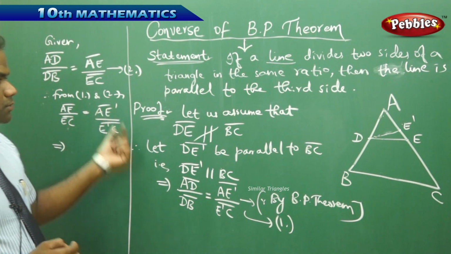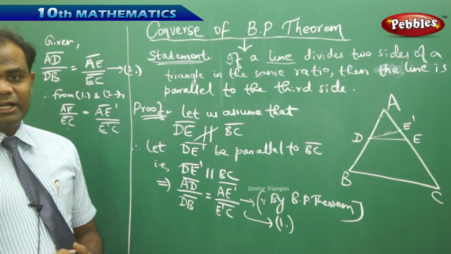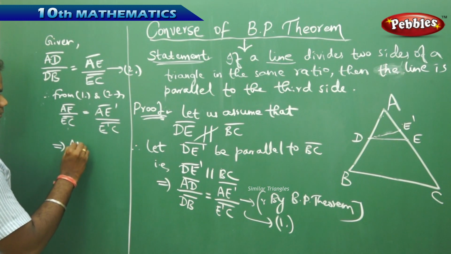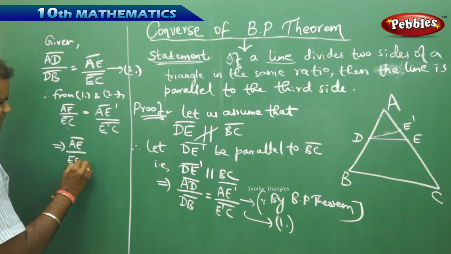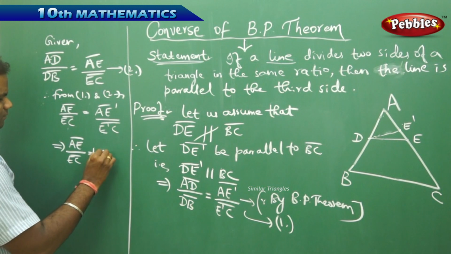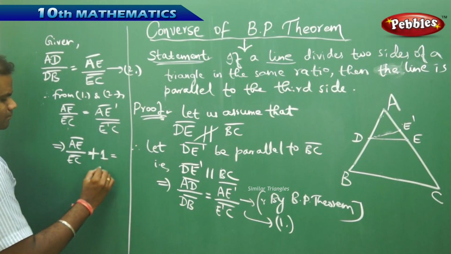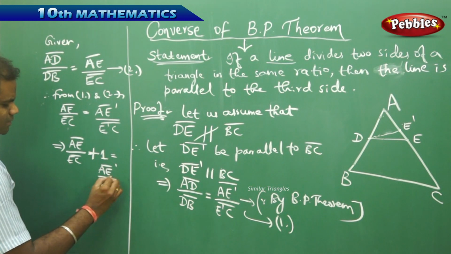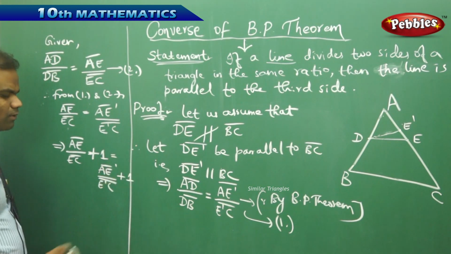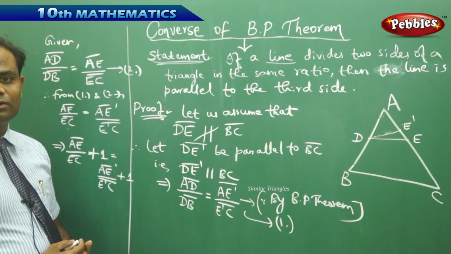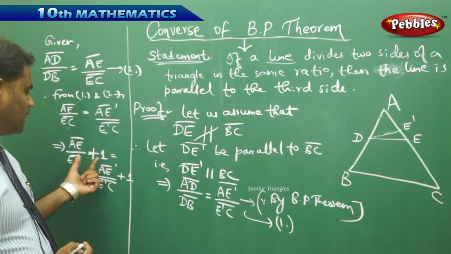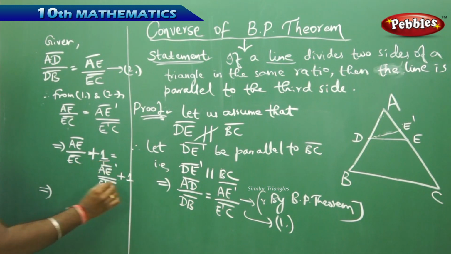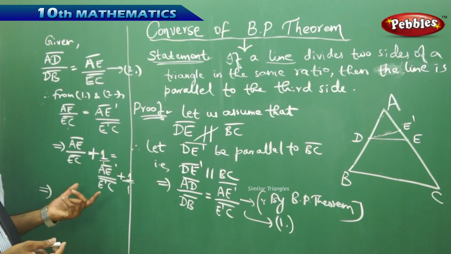Now, AE by EC equals AE dash by E dash C. Let me add 1 on both sides of this equation. So when I add 1, I get AE by EC plus 1 equals AE dash by E dash C plus 1. By adding 1 on both sides, my intention is to take LCM in the next step to see what exactly we get.